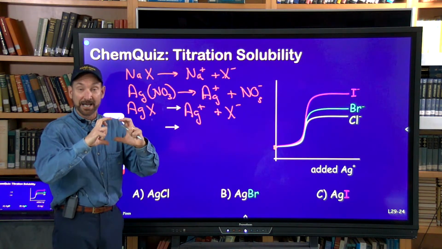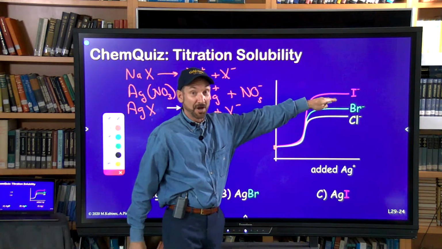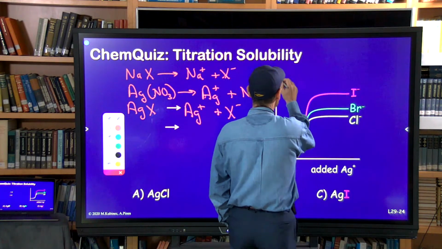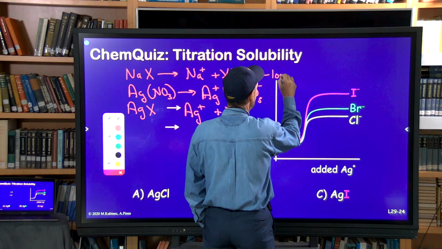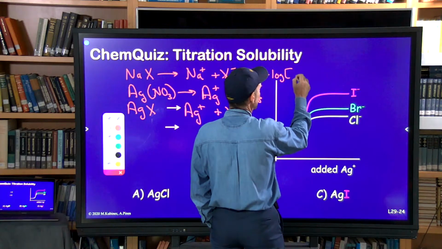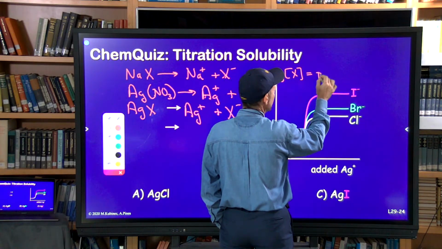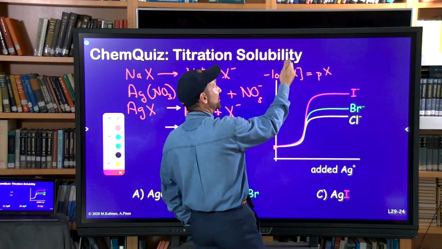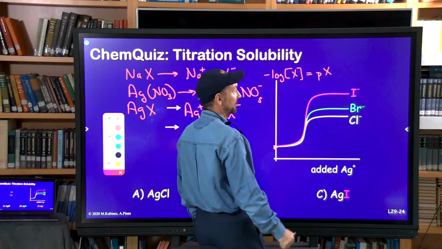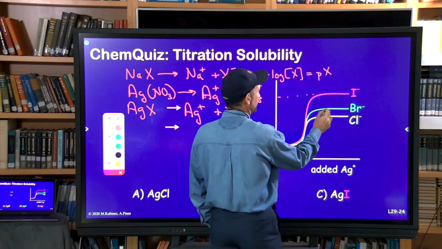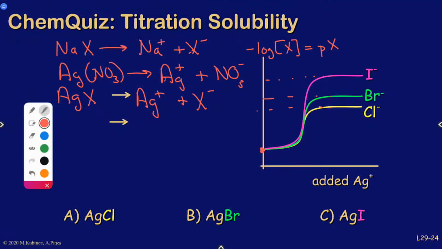You're removing ions, but you can still plot minus log of the ion concentration, which we call pX. We call it pH if it was the H plus concentration. So these are some numbers. We don't know what they are, but let's just say this is 10, 11, and 12.